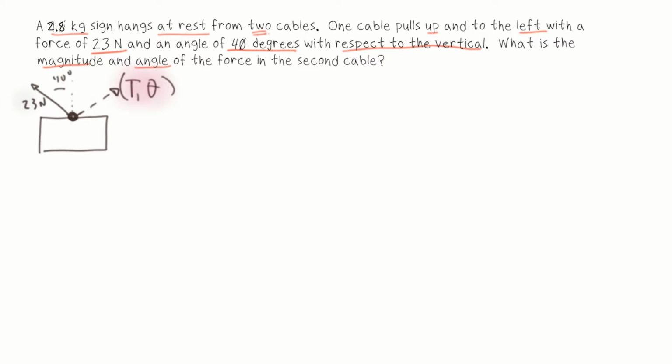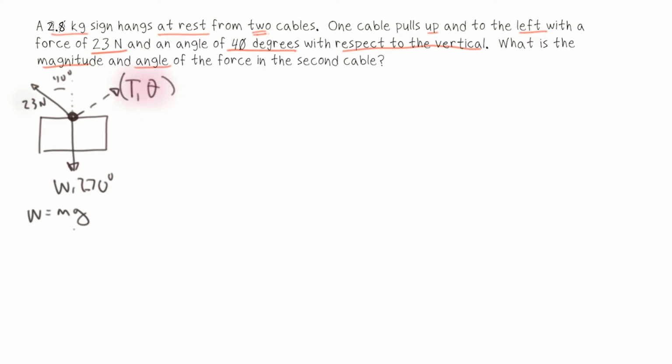And a lot of introductory physics students would sort of stop right there and start solving it out. But just because they don't mention it doesn't mean it's not true. Signs have weight. So we do have a weight that's acting down. It's going to be at 270 degrees. So don't forget to include the weight. We know that if the mass is 9 kilograms, W equals mg.